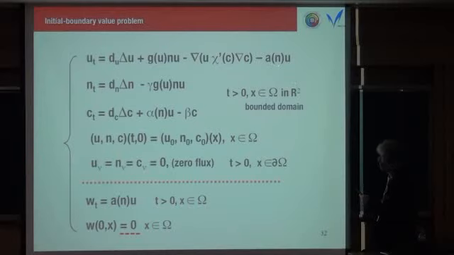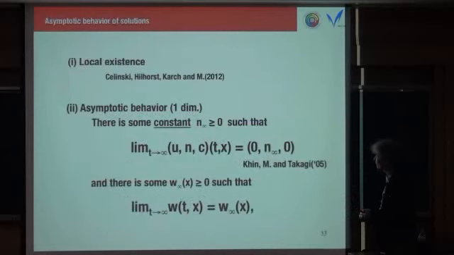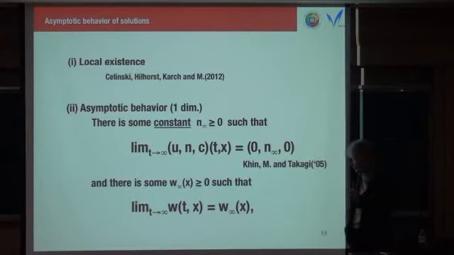That was a sort of exponential decay. That's why we have this kind of convergence. And then there is some W infinity of X, such that W tends to W infinity. So this is an almost perfect result for the 1D case. How about the higher dimensional case? This we have to carefully analyze.